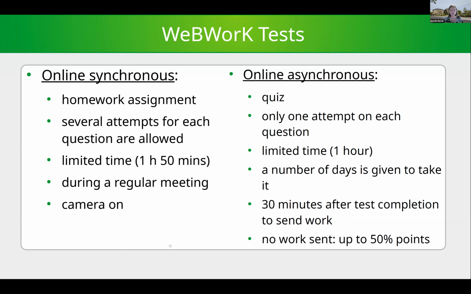So for some questions, I give them the opportunity of two attempts or three attempts. And because we're meeting right at this time, they have their camera on. And I force them to turn it on. They have extra time to work again on a question, right? I allow this. And the way for me to do it is to give it as a homework assignment, but of course it will be with limited time. So, whatever our class time is, 1 hour, 50 minutes, that's how much time they will have.